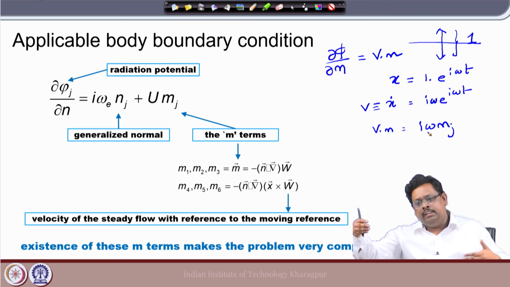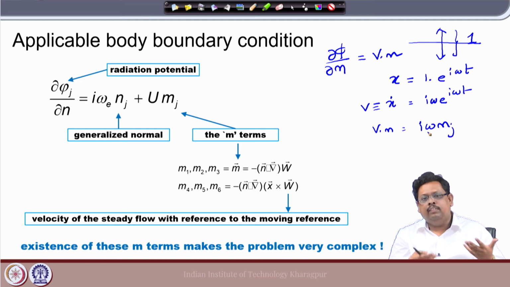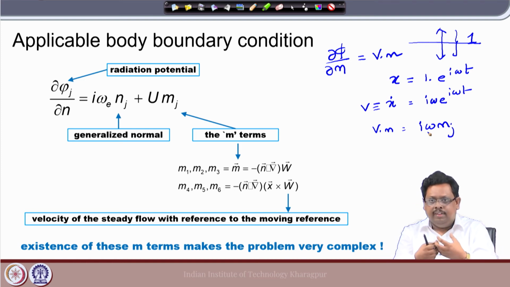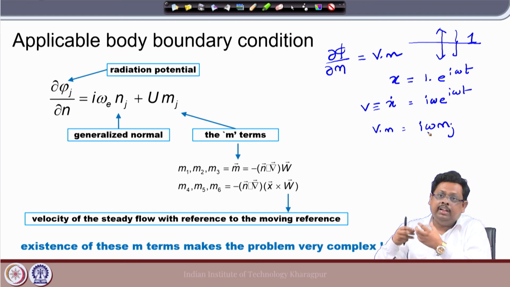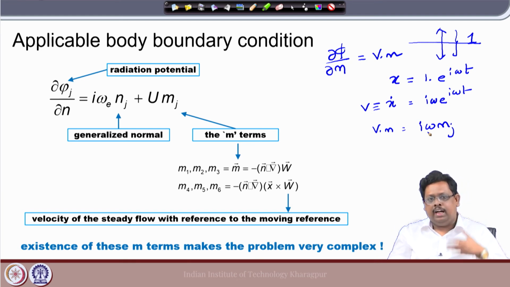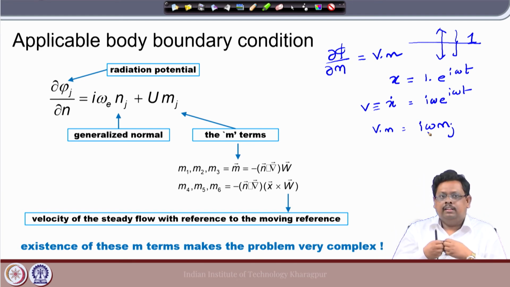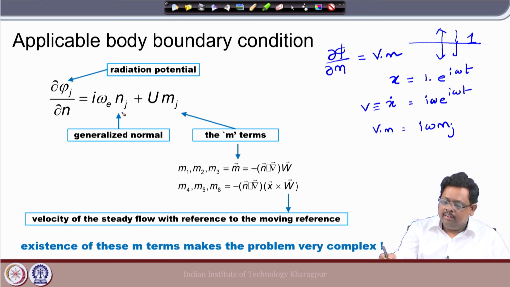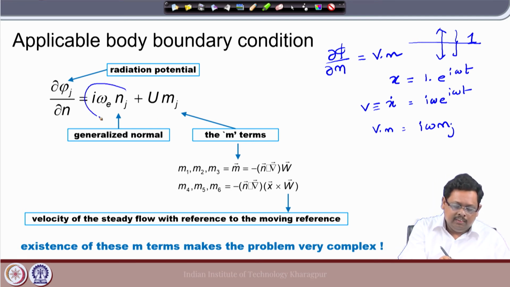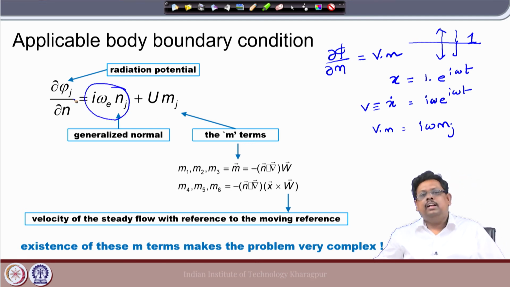Even if the wave is coming at frequency omega, because I am moving, I am receiving it at a different frequency, which is omega e. Therefore, I must oscillate at the frequency that I am receiving. So instead of omega we have i into omega e, and then we have n j.